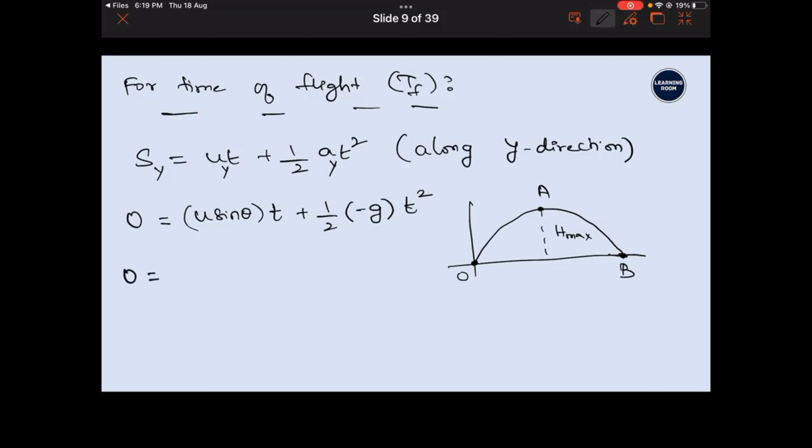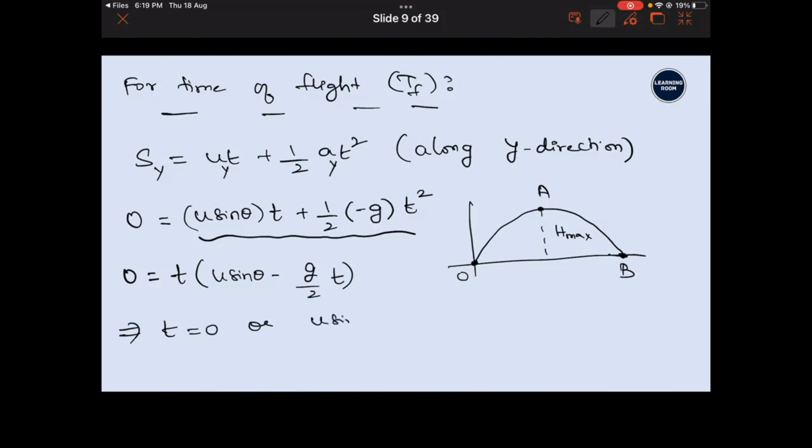So 0 is equal to, if you observe this, isn't it a quadratic equation in t? So I will take the t outside, t into (u sin theta minus g by 2 into t) is 0. So I'll get two values of t, which implies t is equal to 0 or u sin theta minus g by 2 into t is 0, which implies t will be equal to 2u sin theta by g.